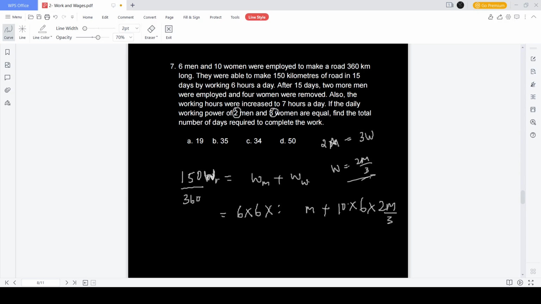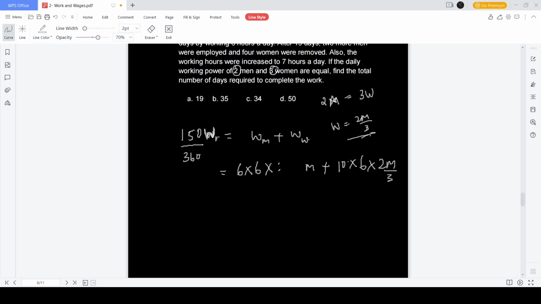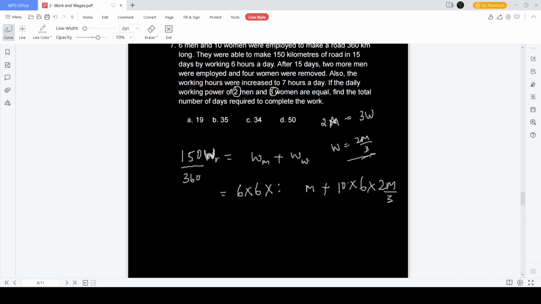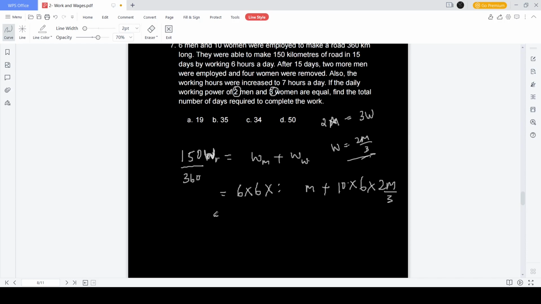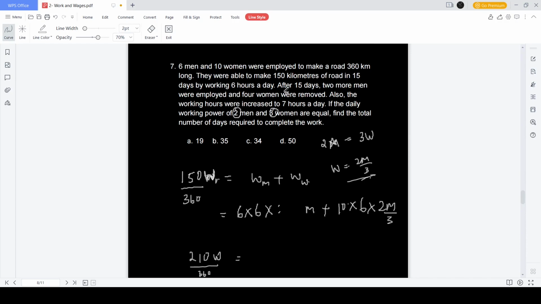Now what we need to find out is, after this they also told us about the next half, that means the remaining of the project. The remaining of the project is how much? 360 minus 150, that is 210, into W by 360, is equal to, see, here they said there were 2 men who were added and 4 women who were removed.